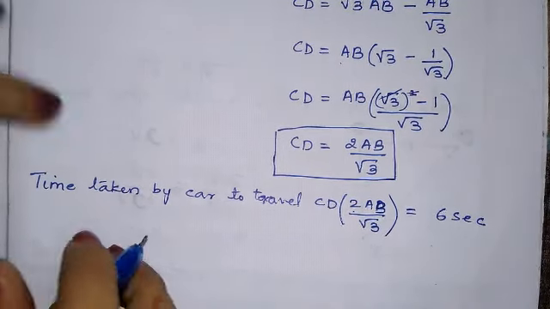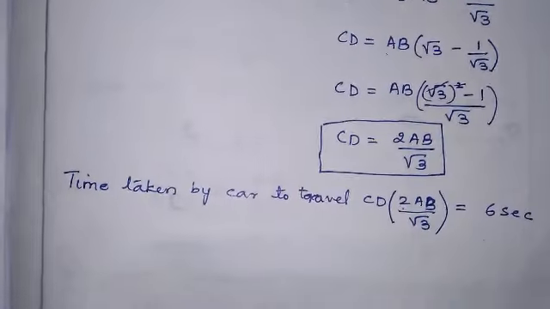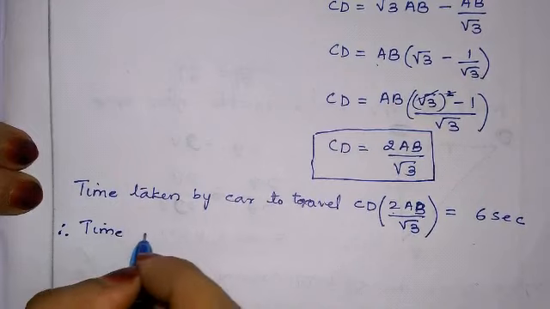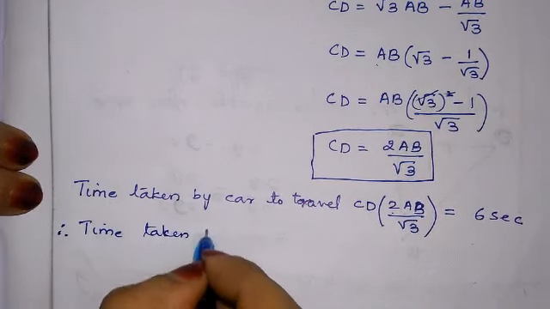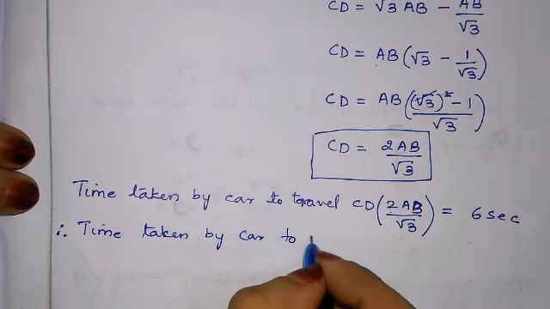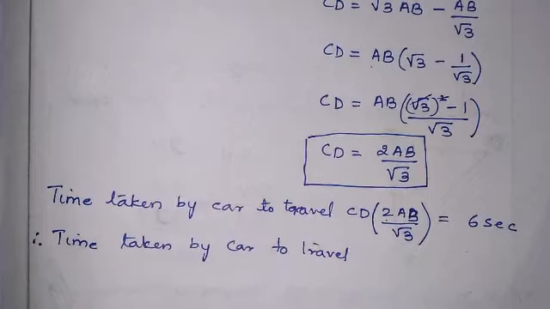Okay. Now what we need? Time taken to travel BD. Therefore, time taken by car to travel BD.